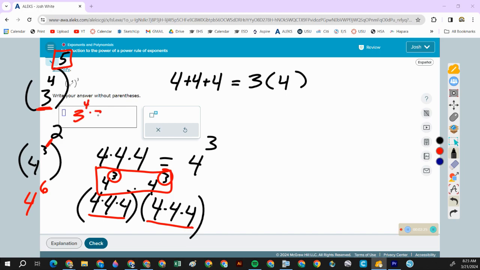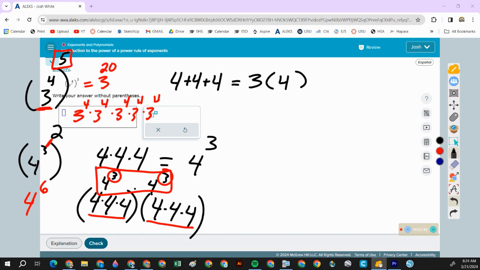So 3 to the 4th times 3 to the 4th times 3 to the 4th, 3 to the 4th, 3 to the 4th. And we add up all those 4's, and I get 3 to the 20th. So whenever you have a base and an exponent that is raised to an exponent, you multiply those exponents together.